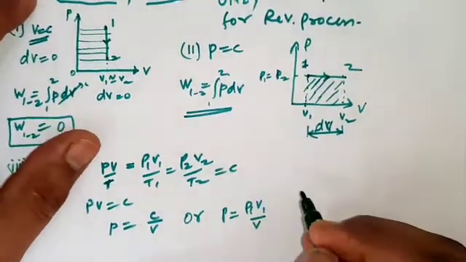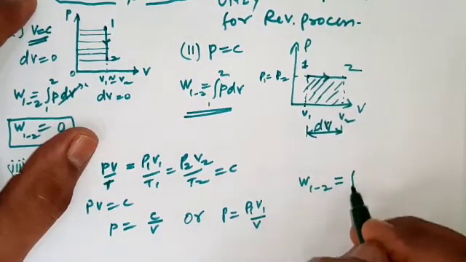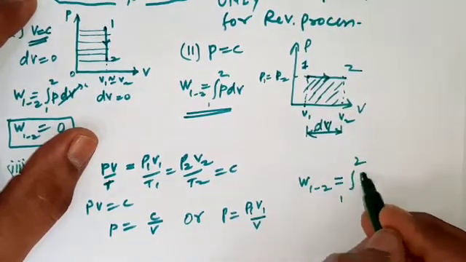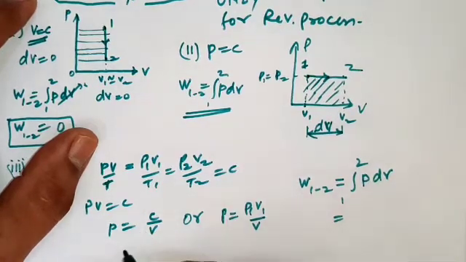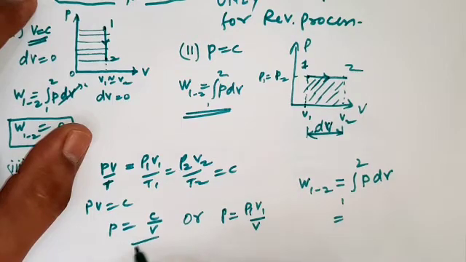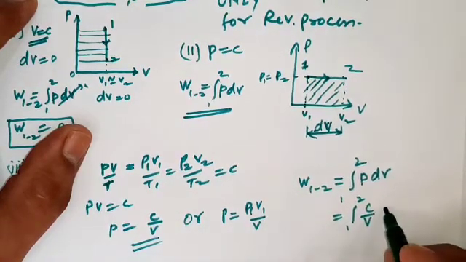Okay, so simply we can say work done W1 to 2 is equal to integral of P dV. Placing the value of P, this will be integral from 1 to 2 of C upon V dV.